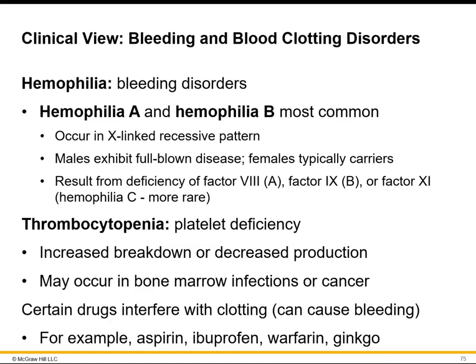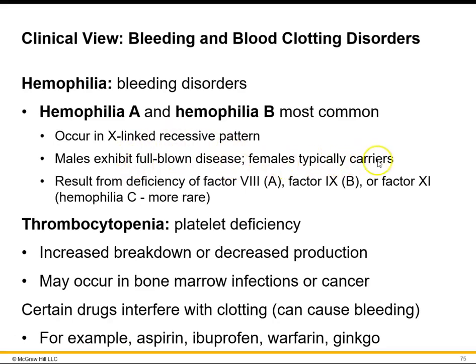And the problem for that is when it comes to boys. Boys only need 1 copy of this gene in order to express the disease because they only have 1 X chromosome. So you'll typically see men have the full-blown disease in an X-linked recessive disease.